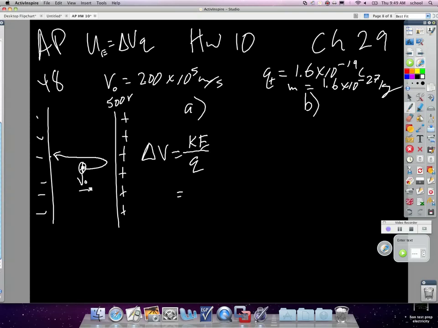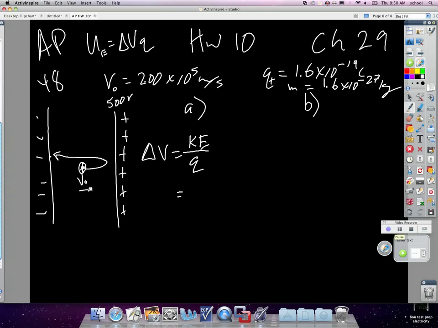V squared is 4 times 10 to the 10, so 0.8 times 4 is 3.2 times 10 to the minus 27, and 10 makes minus 17. 1/2 mv squared. So something like that? Is anybody doing this on a calculator while I'm talking? I got something like 3.2 times 10 to the minus 17 joules.